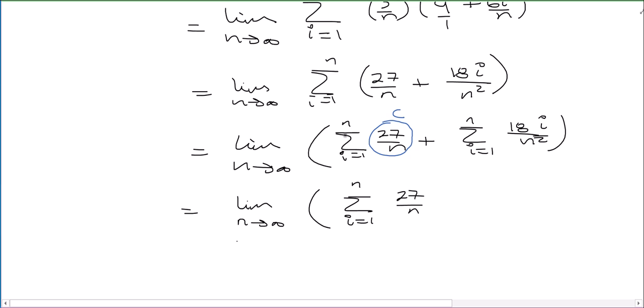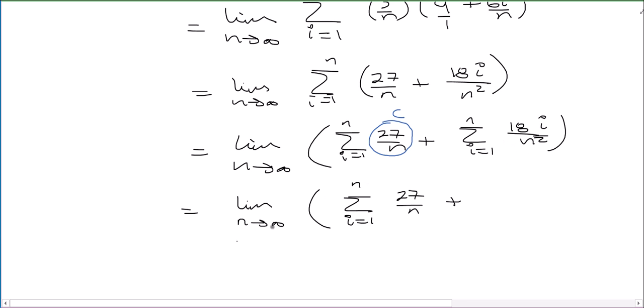Think about if you were writing a Riemann sum for something with 12 rectangles, right? Then n will be 12. So this will be 27 over 12. This will be 18 over 12 squared. So these will be constants, and the thing that's changing is really the i as you move from the first rectangle, the second rectangle, the third, until you get to the 12th rectangle. So that's what I mean by those are constants.